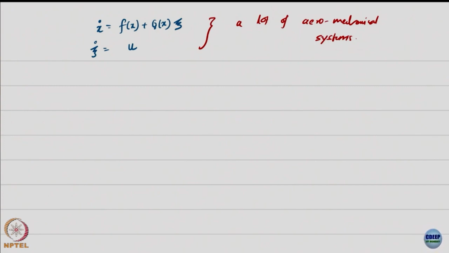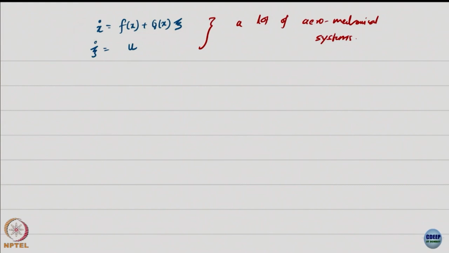So the idea is, if you have some nice result for this top system, you can extend that nice result to this entire system. That is the whole idea. Basically, we will construct a CLF for this system. We already have a CLF for this, and we will use it to construct a CLF for this entire system. That is the simple plan.